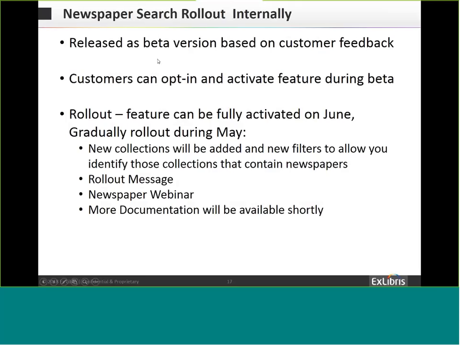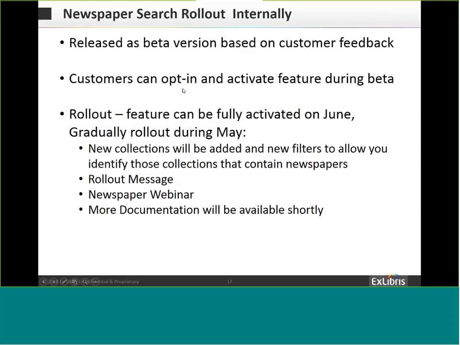So we are releasing this feature as a beta version. We encourage you to test this and give us feedback on the newspaper. You will see in your registration now a new filter for newspaper, and there will be more collections added to that. You will be able to activate more special collections, news collections over there.